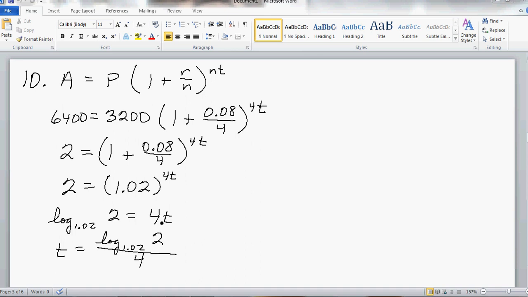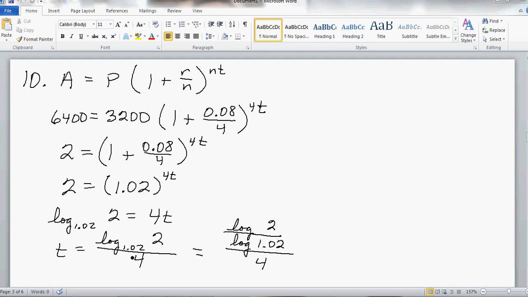And what we need to realize is that, okay, we've got quite a mess here because log base 1.02 of 2, we have to use the change of base. So that would be the log of 2 over log of 1.02 over 4.